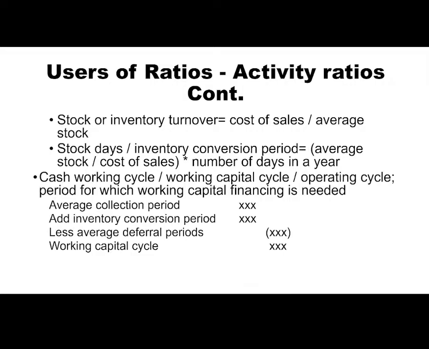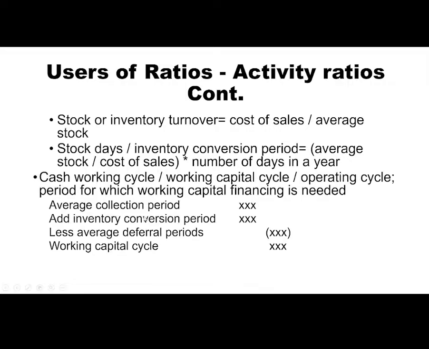Also, we look at the cash working cycle or the working capital cycle. You can also call it the operating cycle. This one is the period for which working capital financing is needed. So they have the working capital cycle, they have the investment in working capital. So we start with its format. We have the average collection period.